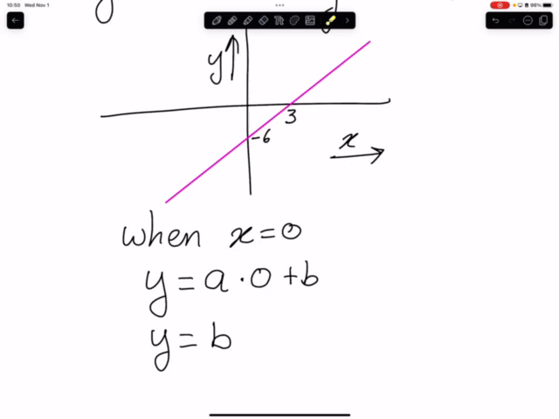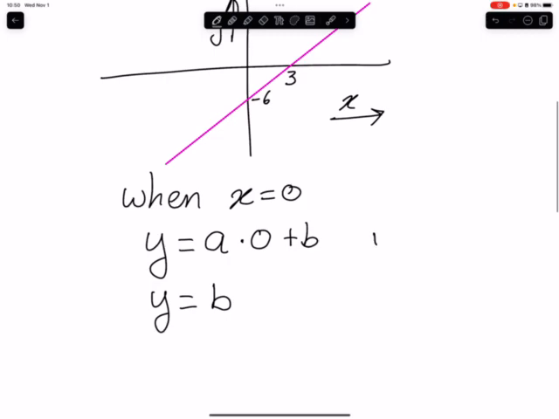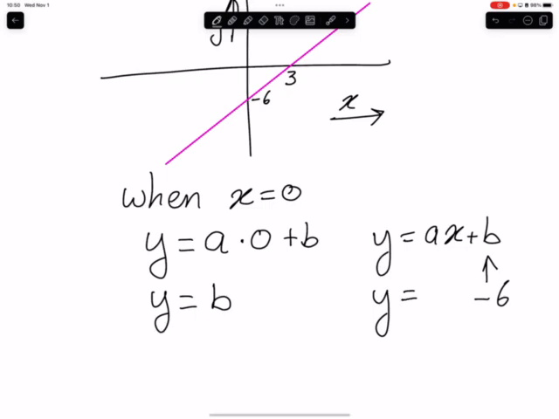So in your equation, y equals ax plus b, your b is negative 6. In a graph, sometimes, not always. So I already got one part of the equation. You need a and b, I already have b, because I looked in the graph. So y equals ax minus 6.